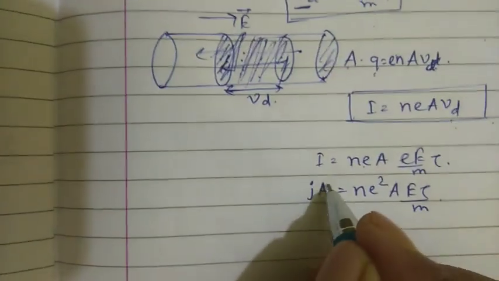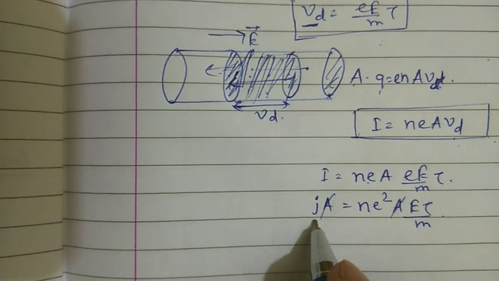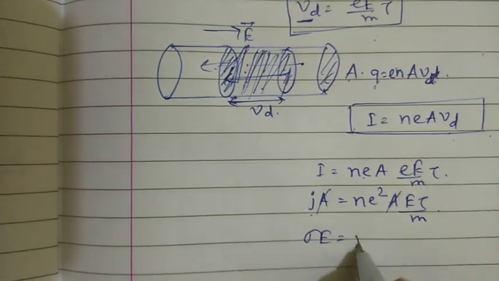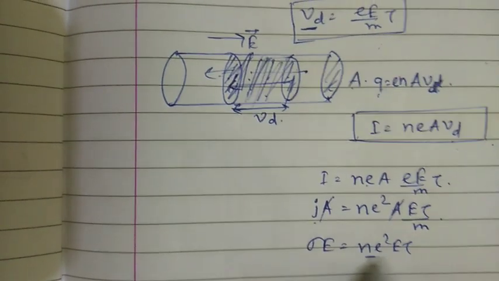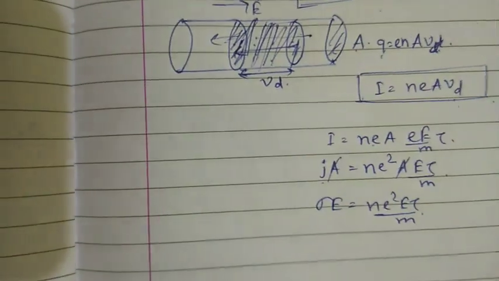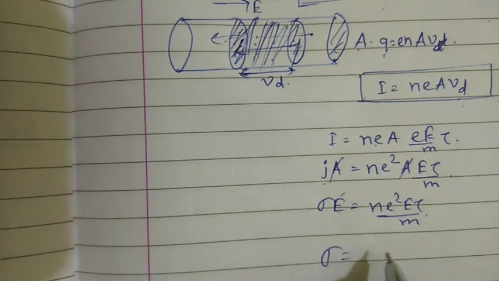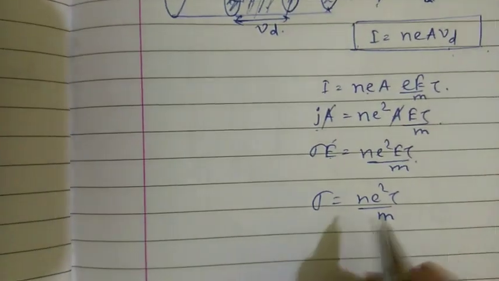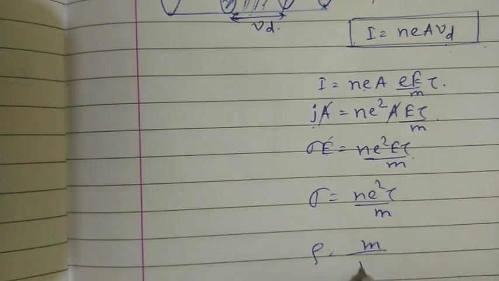A cancels. We can write J equals to sigma E. So sigma equals to n e square tau by m, or resistivity rho equals to m by n e square tau.